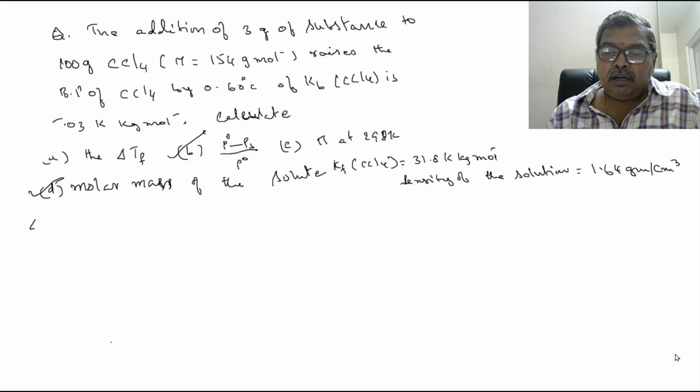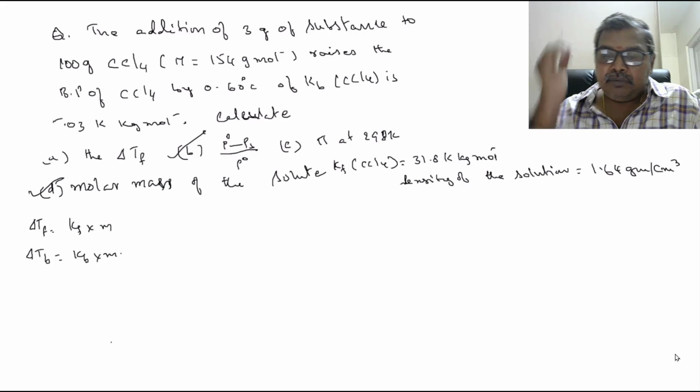See, delta TF is equal to Kf into m. Delta TB is equal to Kb into m. Delta TB we used for molecular weight, right?